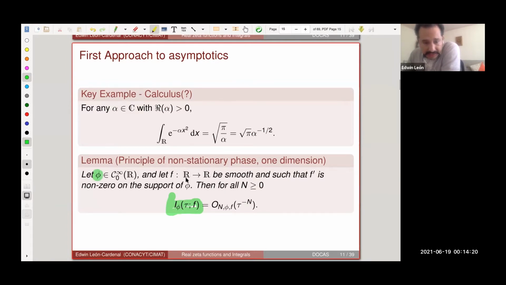So if you suppose that the function f is smooth and f prime is non-zero on the support of phi, then you can find these asymptotics. So there is a bound, or a family of bounds given by the negative powers of the parameter. Okay, and this is the type of thing that we want to understand.